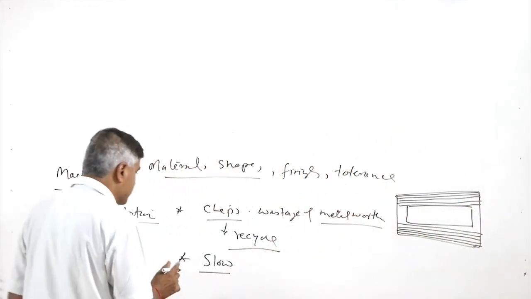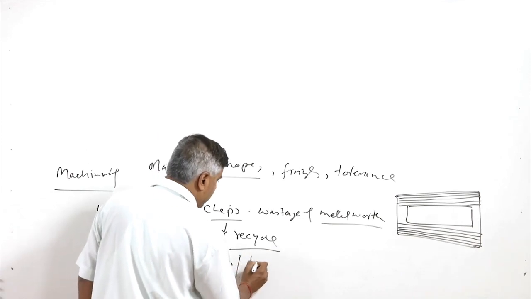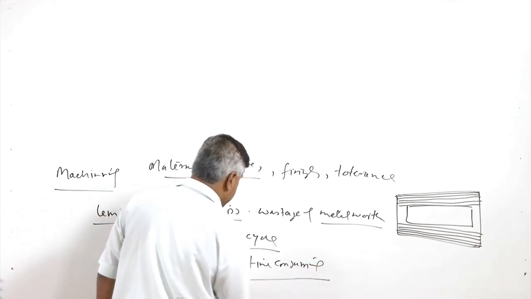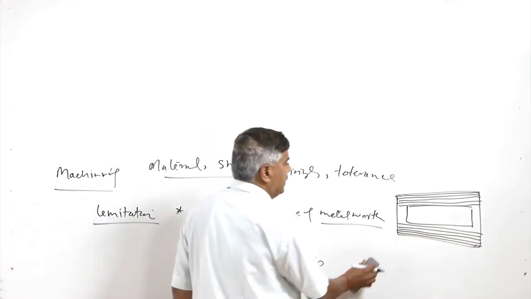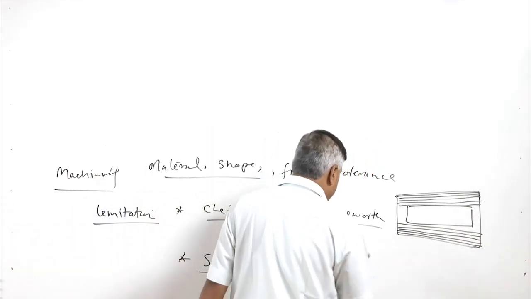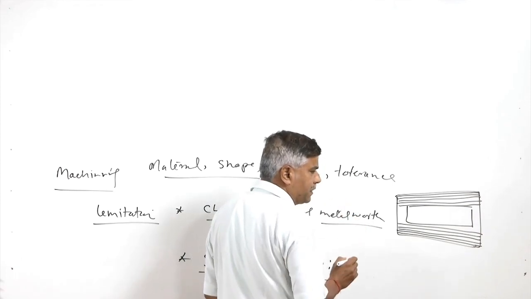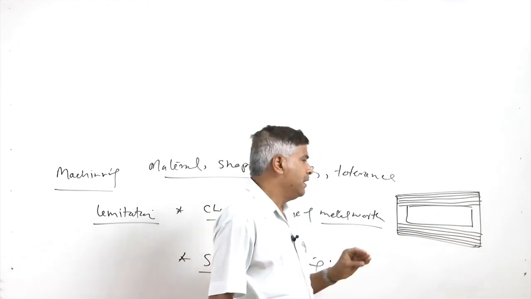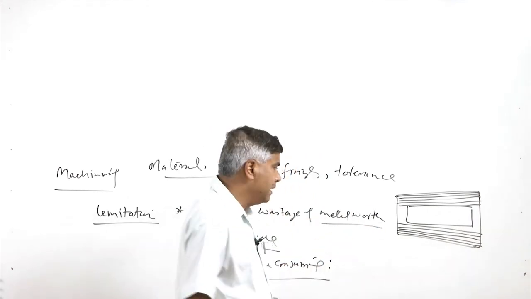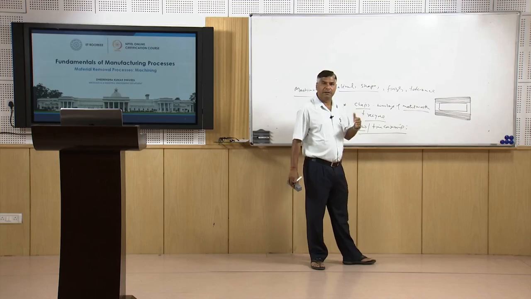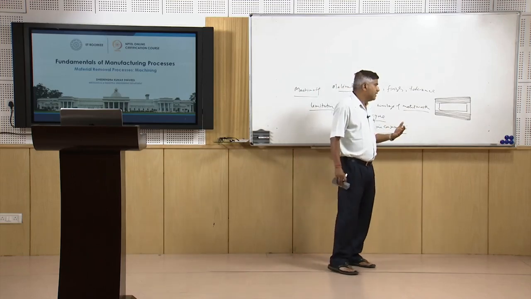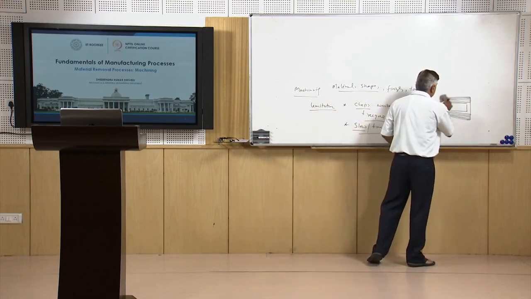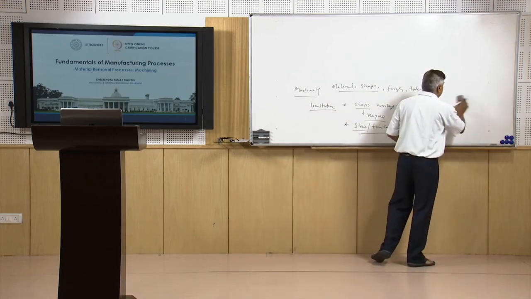This makes the process slow and time consuming, and to avoid this negative aspect, the stock material is first of all brought close to the desired size using the primary processes like forming or deformation based processes or casting, so that it requires as little machining as possible to have the desired final size and shape.